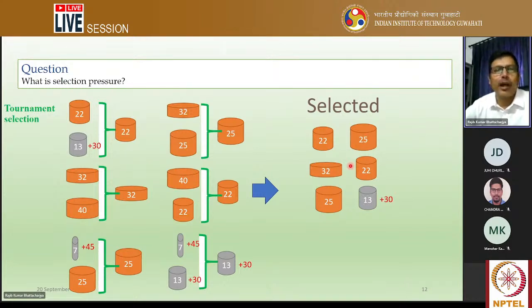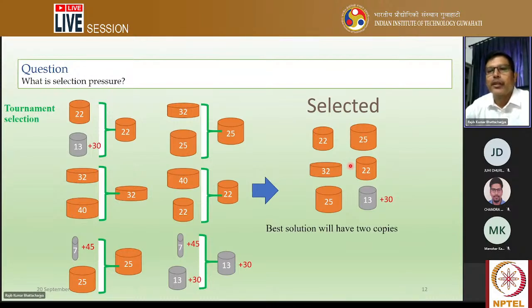I think you have understood what tournament selection is and how to apply it. So what should the tournament size be? If you are increasing your selection pressure, your entire population will be saturated with the best solution of that particular generation, and you may not get the global optimal solution of the problem.